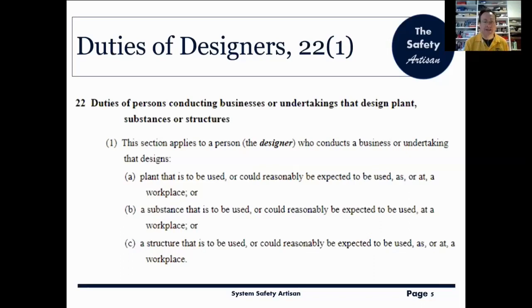So if they're designing a plant, or designing or creating a substance or a structure that is to be used or might reasonably be expected to be used at a workplace, then this duty applies to them. So they've got to do whatever it takes to ensure health and safety so far as is reasonably practicable, as we will see.